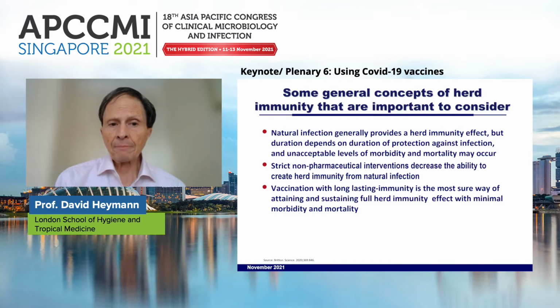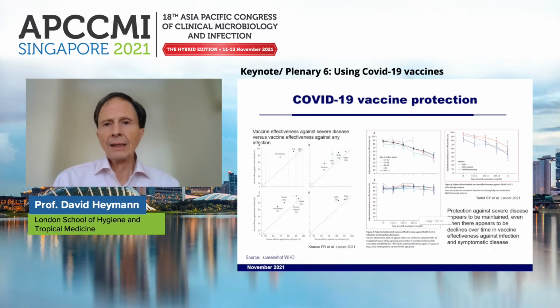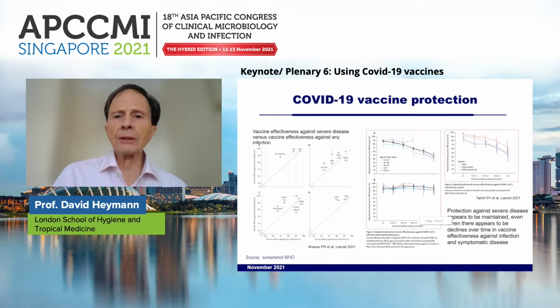At the same time, vaccination with long-lasting immunity is the most sure way of attaining and sustaining full herd immunity effect with a decrease in morbidity and mortality. Now, there's great confusion in the press and even among some public health communities about what COVID vaccines can and cannot do.